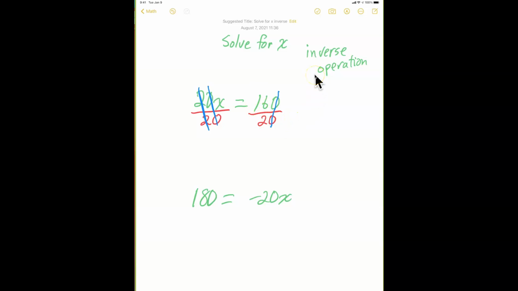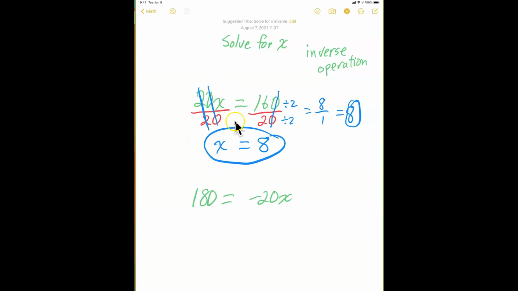Like all fractions, to reduce this fraction, we'll divide the top and the bottom by 2, and we'll get 8 over 1, which is equal to 8. So we've reduced the left side to x, and we can say x is equal to 8. This is our answer.